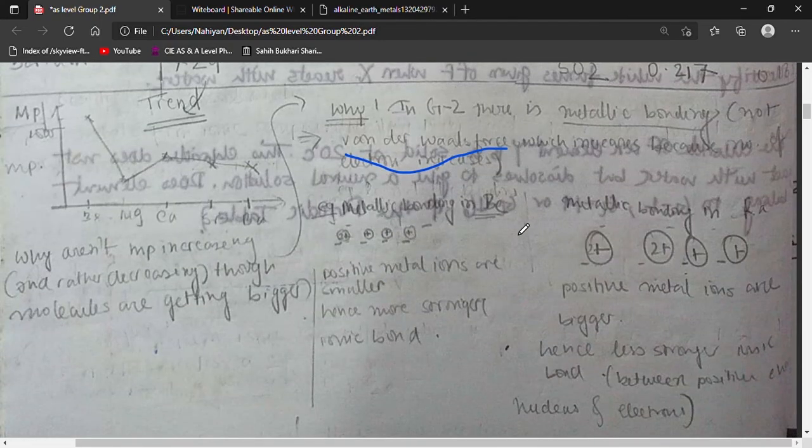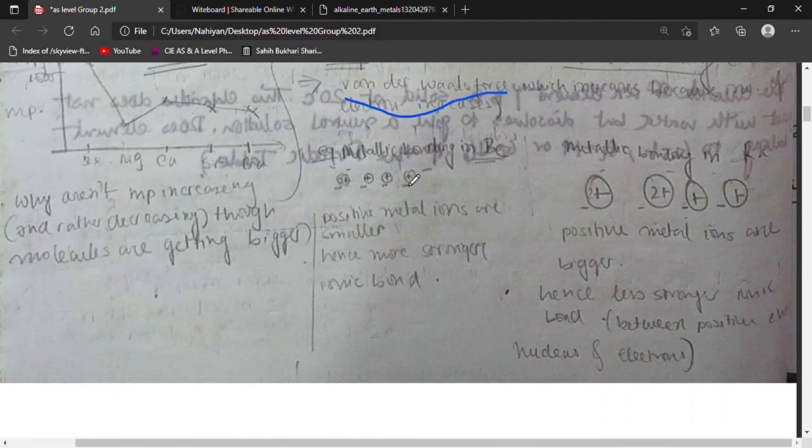For beryllium, the cations are very small, and they are very close together, the delocalized electrons and the positive charge. As they are smaller, the bonds are stronger.